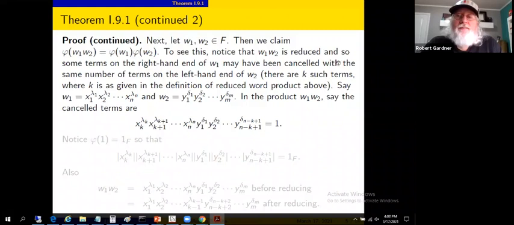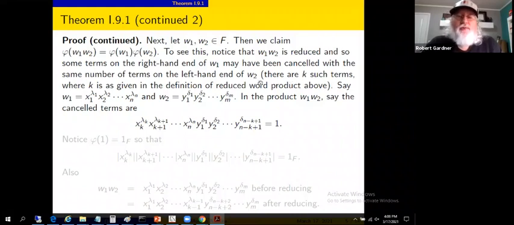All right, so what's left to show is, do we have a homomorphism? We claim phi of W1 W2 equals phi of W1 times phi of W2. It's just a computational thing. This may take a little while to get through. Notice W1 W2 is not necessarily reduced. And so some of the terms on the right-hand end of the first word may have been canceled with some of the terms on the left-hand end of the second word, as we saw when we were doing the reduction.